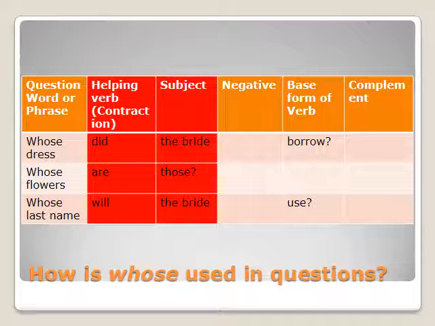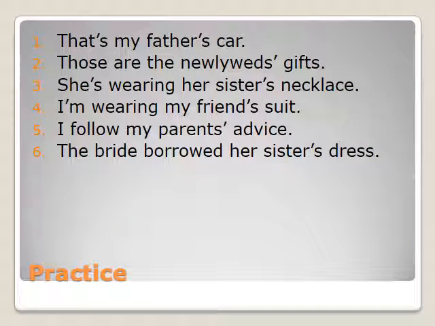Whose last name will the bride use? In all of these cases, whose is used to ask questions. And remember, we have the same format that we always have. We have question word, helping verb, subject, then if we have a negative, and then base form of the verb and the complement. It's always the same.